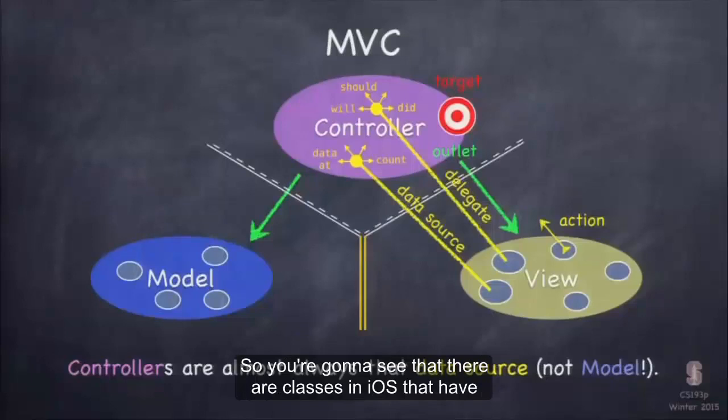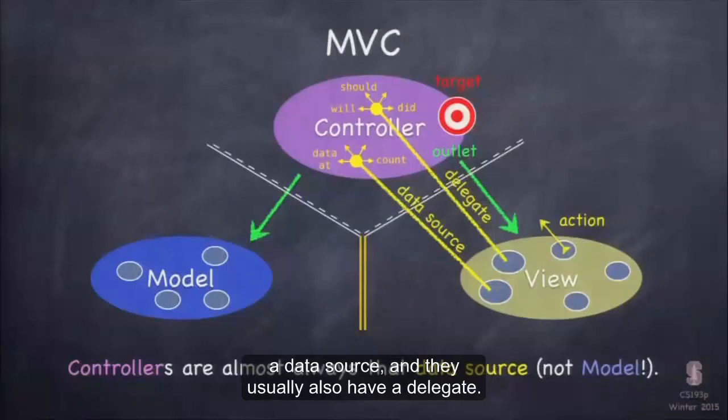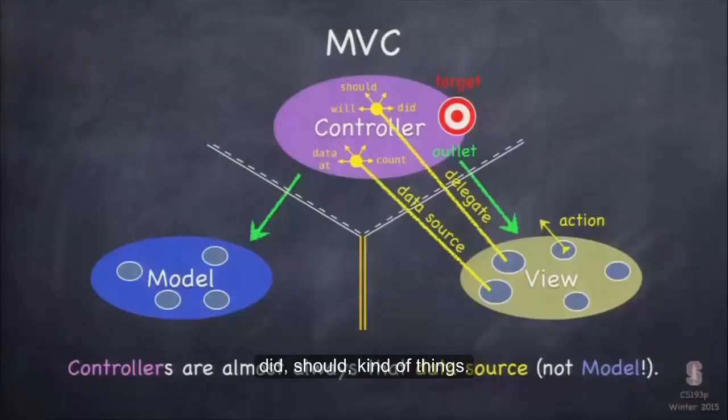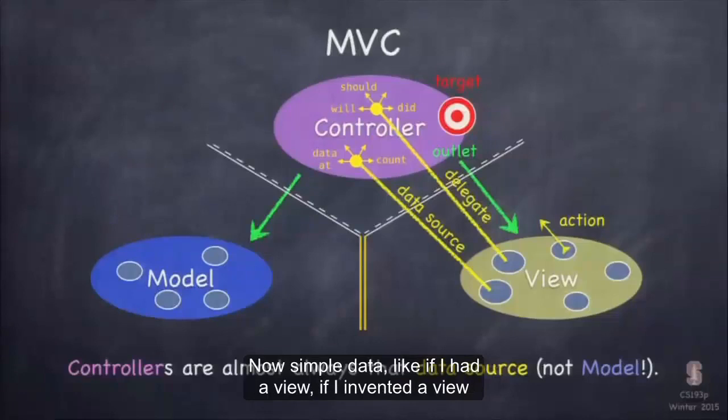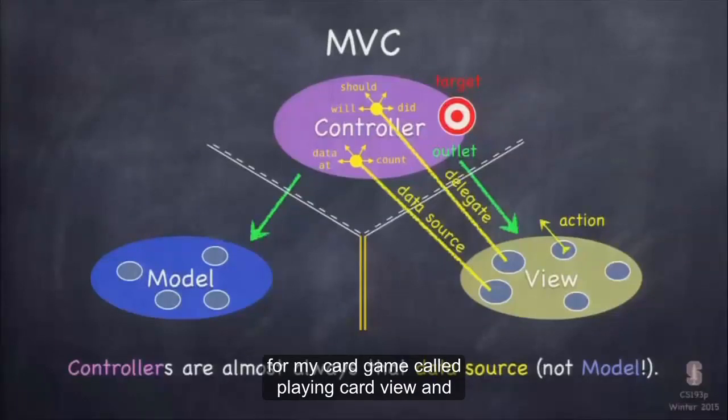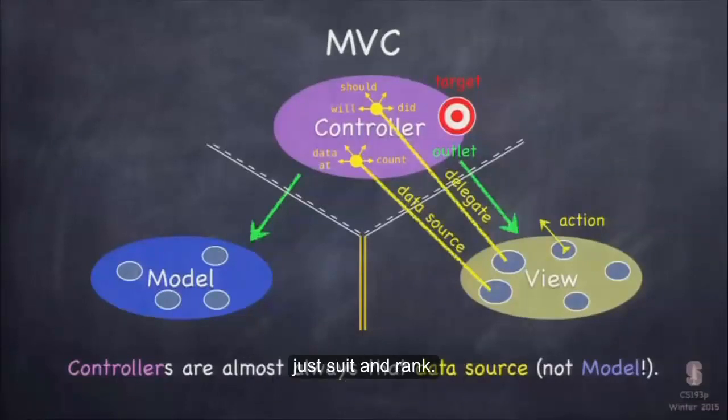You're going to see that there are classes in iOS that have a data source, and they usually also have a delegate. Most sophisticated classes in iOS have a delegate, the will, did, should kind of things. Some of them have a data source. It depends on whether they're showing a lot of data or not. Now, simple data, like if I invented a view for my card game called playing card view, and it just has a suit and a rank, we're not going to do count data for just suit and rank.